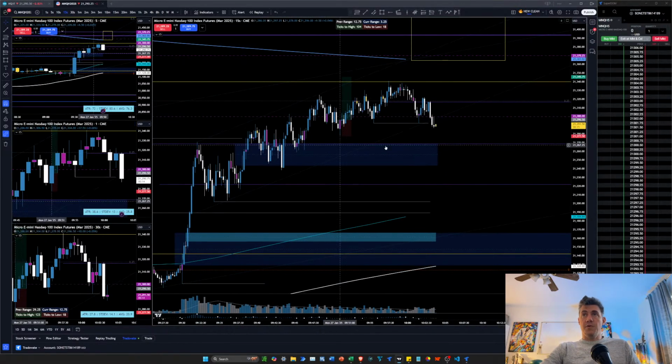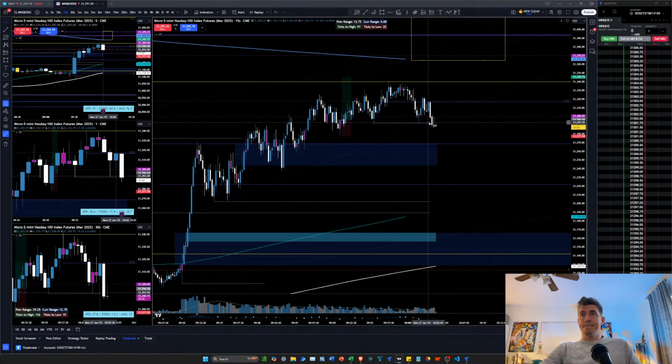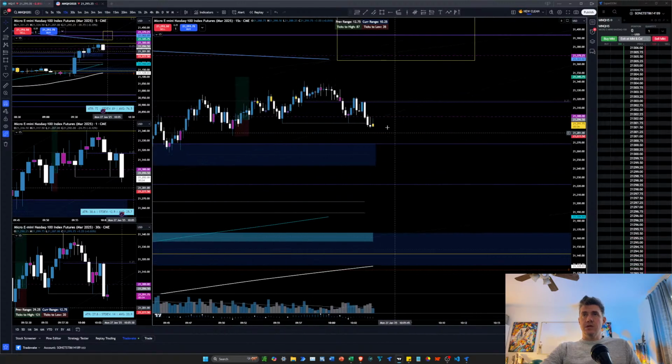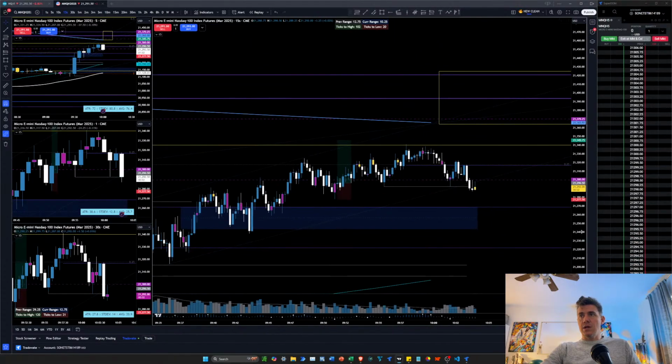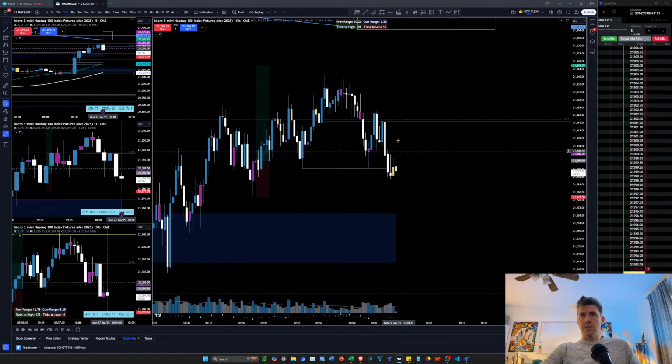Alternatively, if price does push right back up here, I will get short to go back down to these levels. So this is the long trade that I was tempted to outline and take just now, inside up close bar.